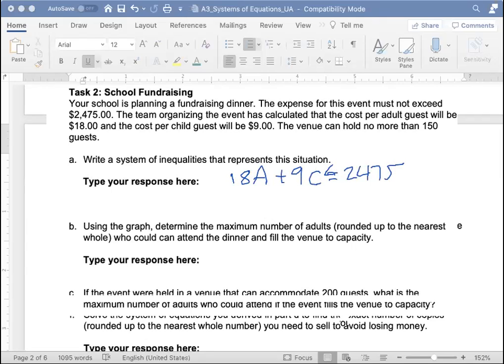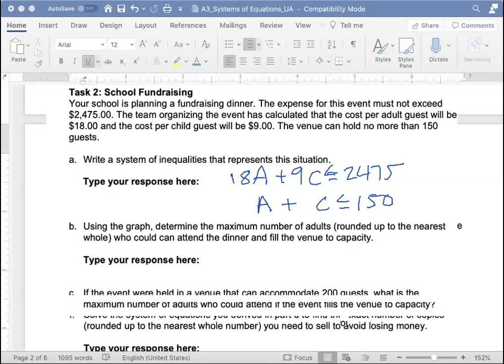And then for the second part, it can hold no more than 150 guests. So adults plus children has to be less than or equal to 150. So those are our two inequalities.